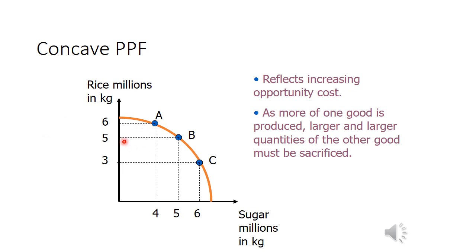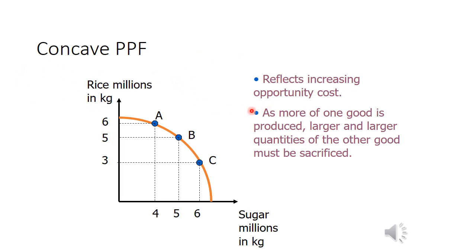Now take a look at what happens from point B to point C. To get another million kg of sugar, you now have to give up 2 million kg of rice. So when you get to the extreme points, you must give up more and more of the other good.